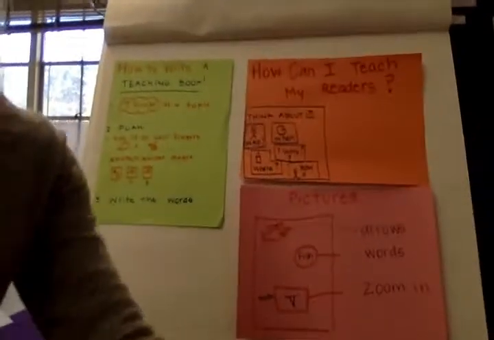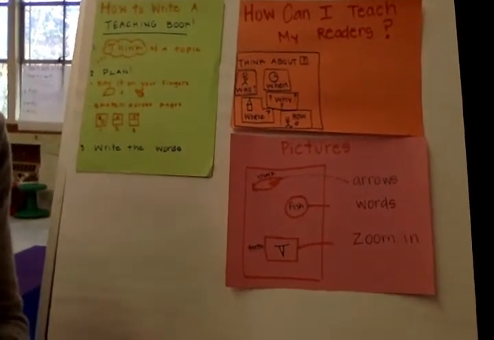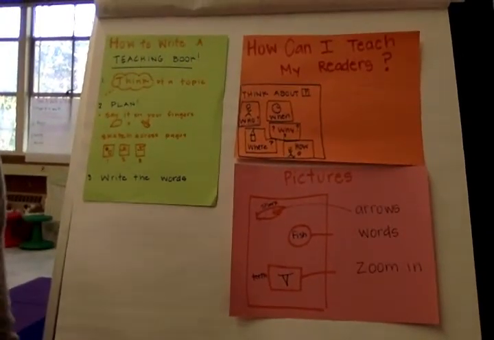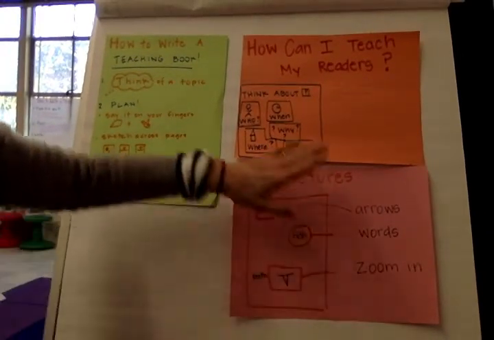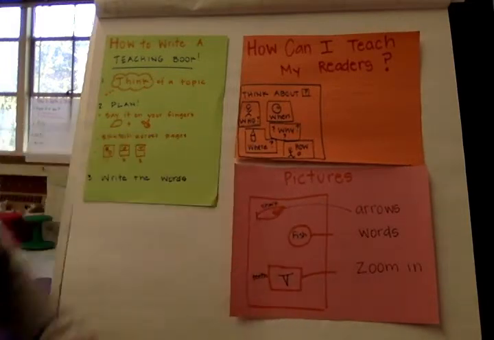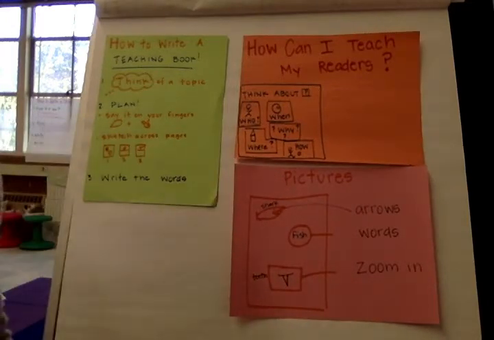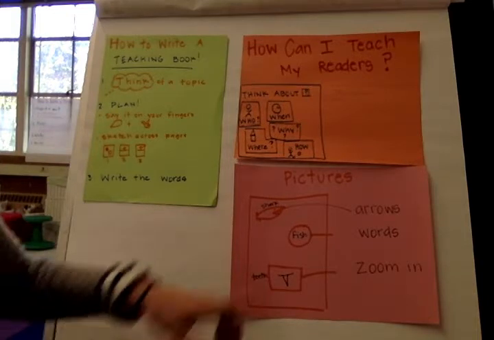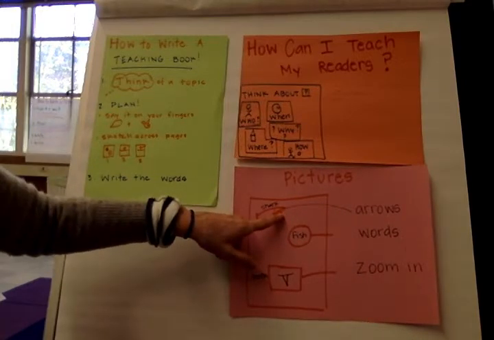Today, when you do your writing, when you either start a new story or add to one that you already have, I want you to think about your pictures in your story and how those pictures are going to help give information to your readers. Are you going to use arrows and talk specifically about the shark teeth?